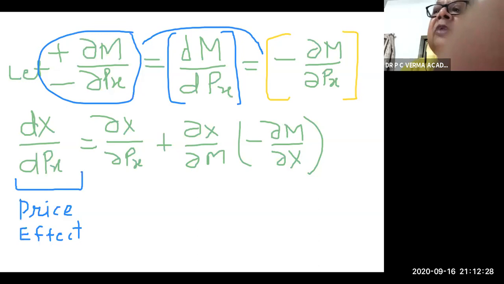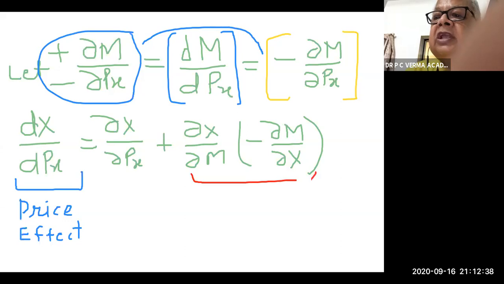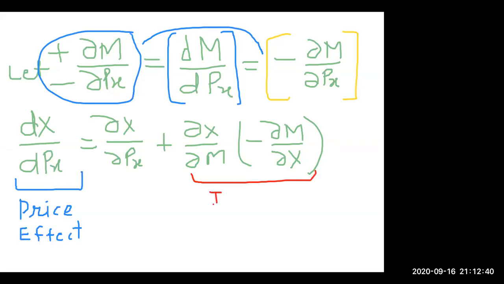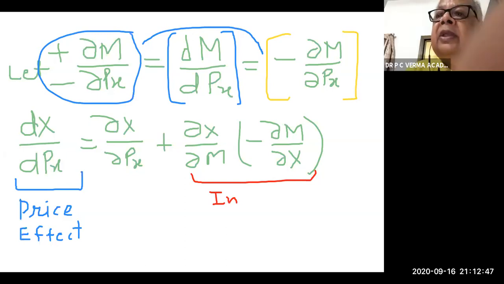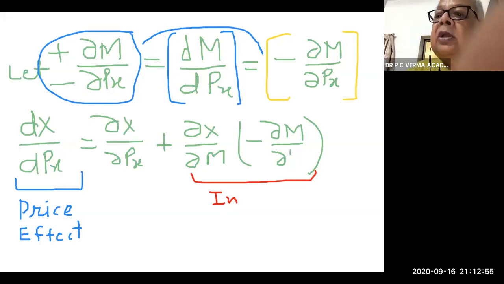Milton Friedman says that we will replace the total with the partial. Yes, sir. Sir, I understood the whole thing, but what I am asking is, would this be del X or del P? Del m by del px, you are right.